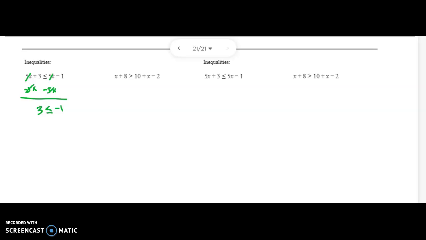Is 3 less than or equal to -1? No, this is false, right? Because 3 is greater than -1, all right? So when you get a false statement, all right, that means there are no solutions, okay? There's nothing you can put in for x where it'll make this a true statement, a true inequality, okay?